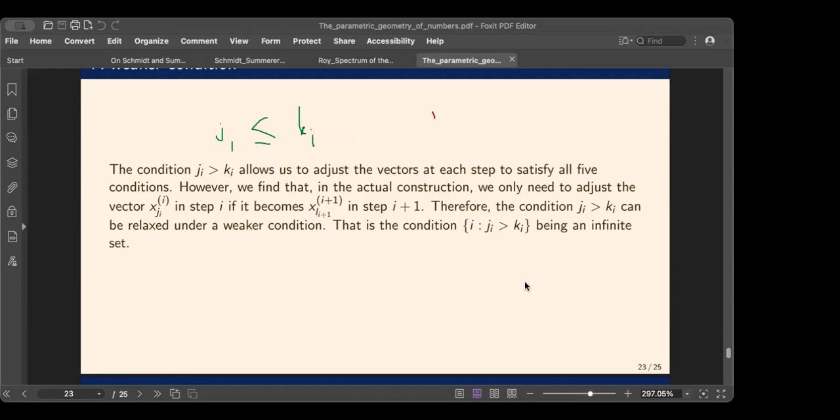So if you have this condition somewhere, then up to this point you have some error, and this condition enables us to kill this error at this step.